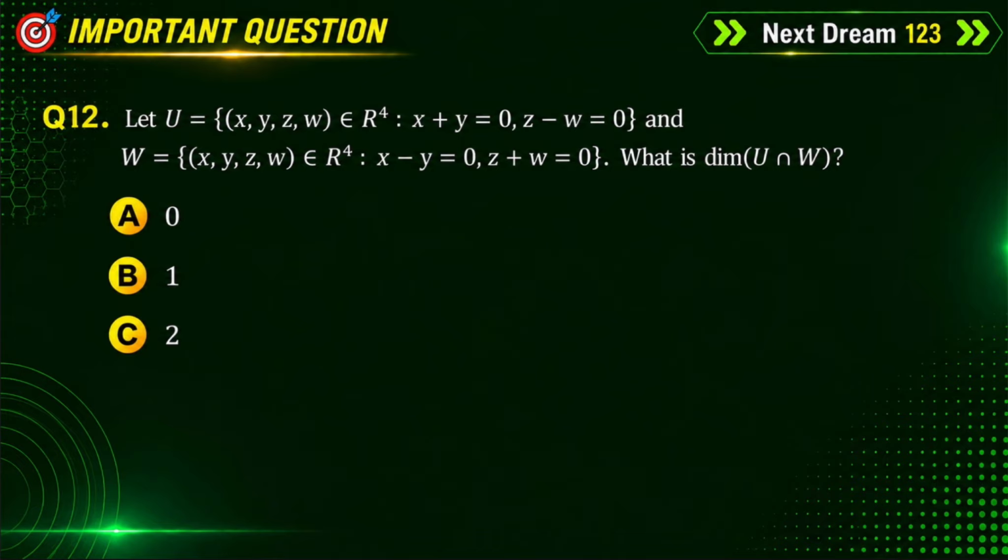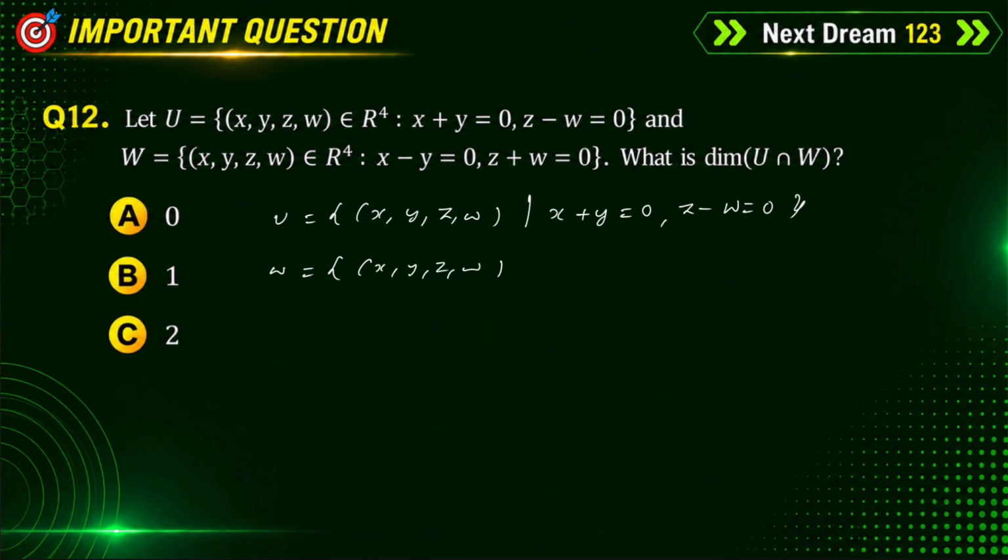The set U is given as (x, y, z, w) such that x plus y is equal to 0, z minus w is equal to 0. And W is given as (x, y, z, w) such that x minus y is equal to 0, z plus w is equal to 0.